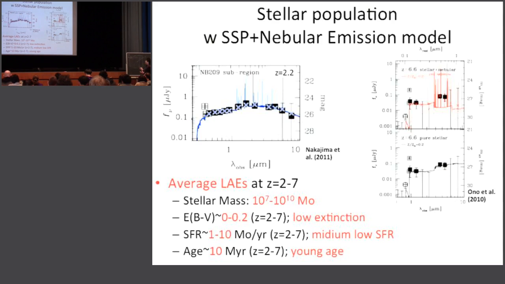Now we understand that the average Lyman-alpha emitters at redshift 2 to 7 have stellar mass of 10^7 to 10^10 solar mass, color excess of almost 0 to 0.2 with some outlier sources, so quite low extinction, a star formation rate of just a few solar masses per year, and an age of 1 to 100 million years or so.